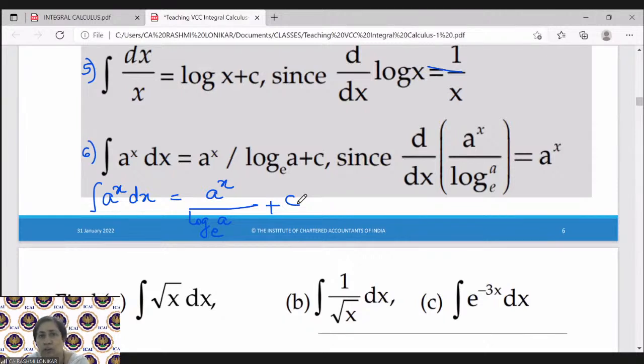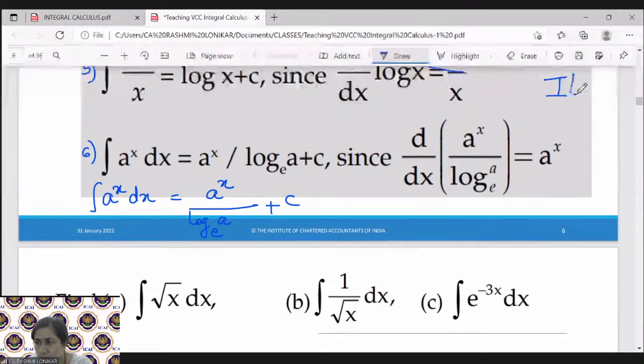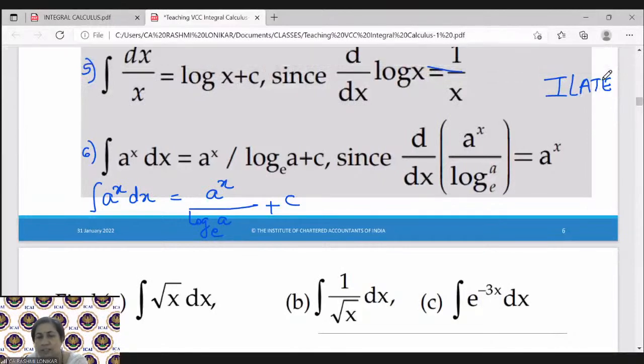Then we have to talk also about ILATE, which you will not be needing in full, but you must know this: when we are using integration of u into v, then this rule is applicable. So let us go one by one.